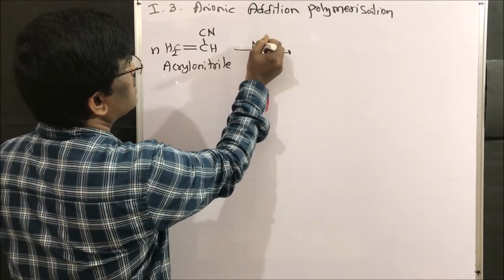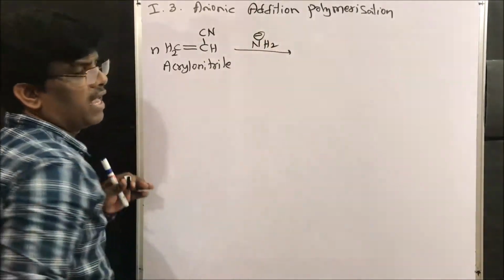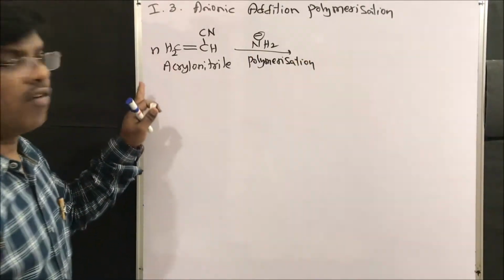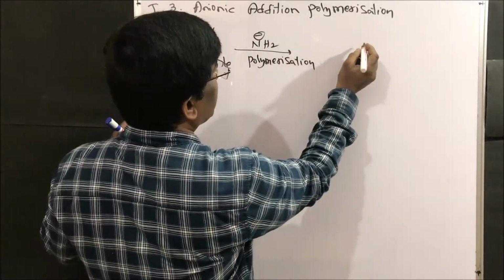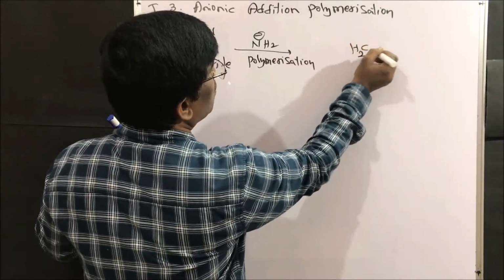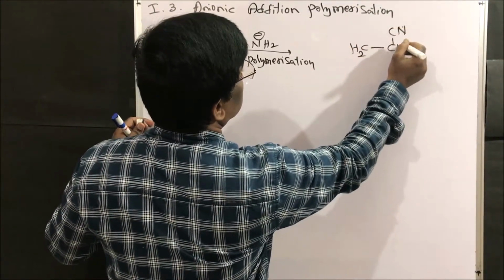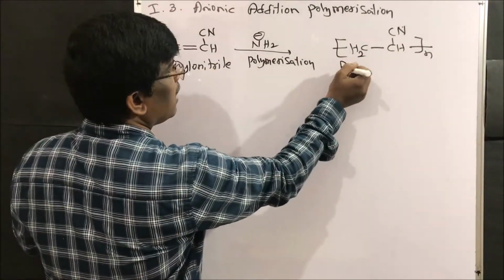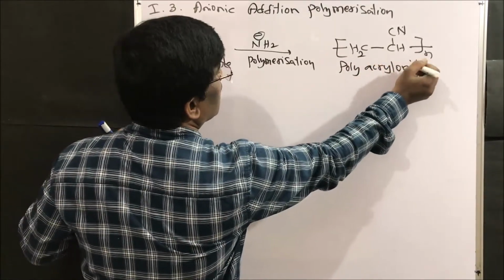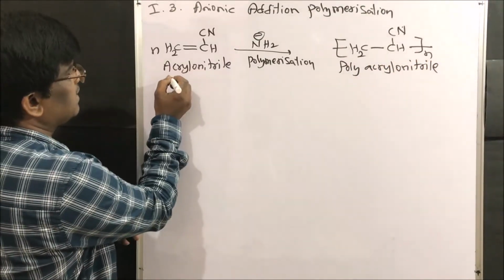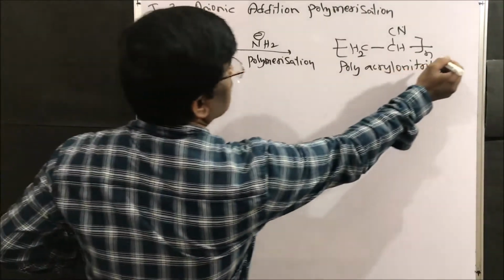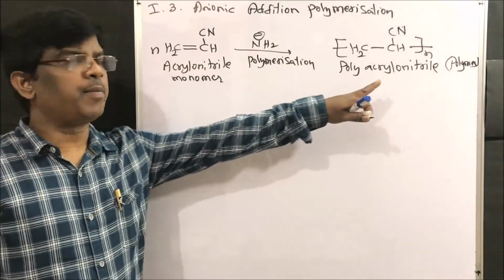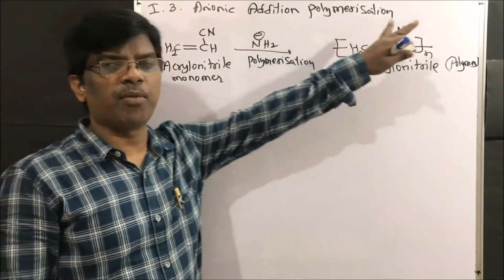Usually we take a base, so the anion will be a base here. So upon polymerization, what is the polymer we are going to get? Polyacrylonitrile. How to write? CH2, CH, CN. What is this? This is the monomer and this is the polymer. Right, friends? So polyacrylonitrile is prepared by means of anionic addition polymerization.